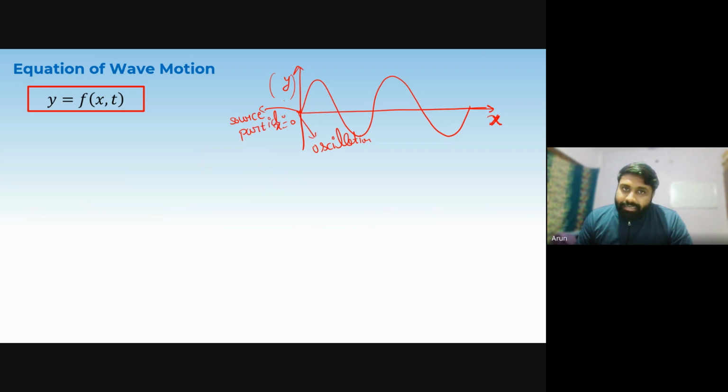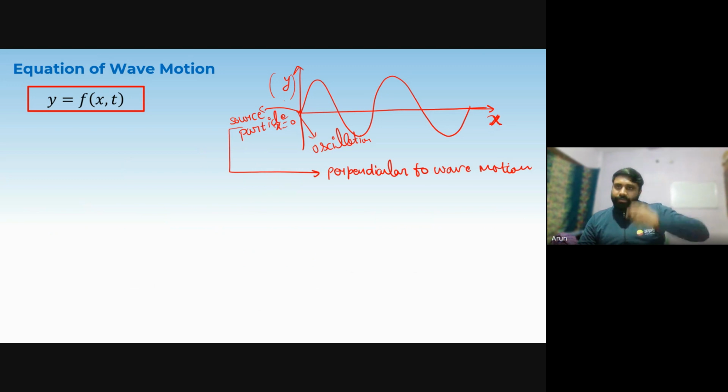Now, based on that, it is very easy to conclude how the source particle is oscillating. We can categorize the wave in two categories. If the source particle is oscillating perpendicular to the wave motion, there are two possibilities only.